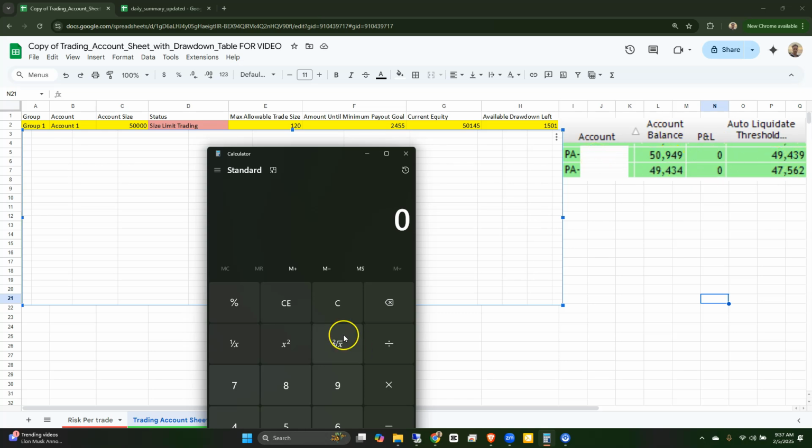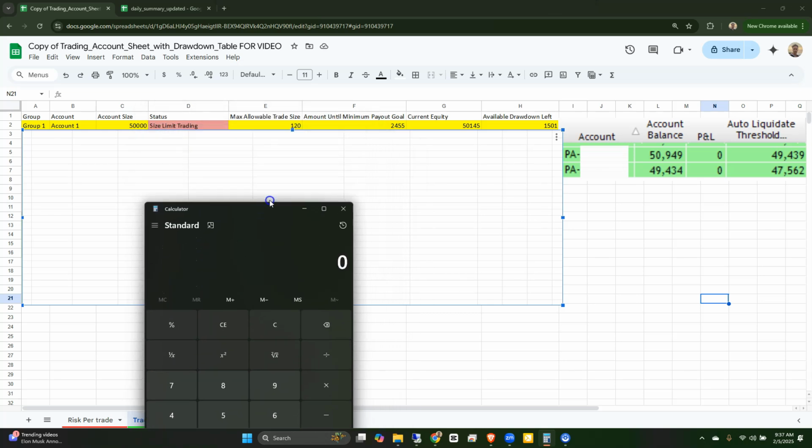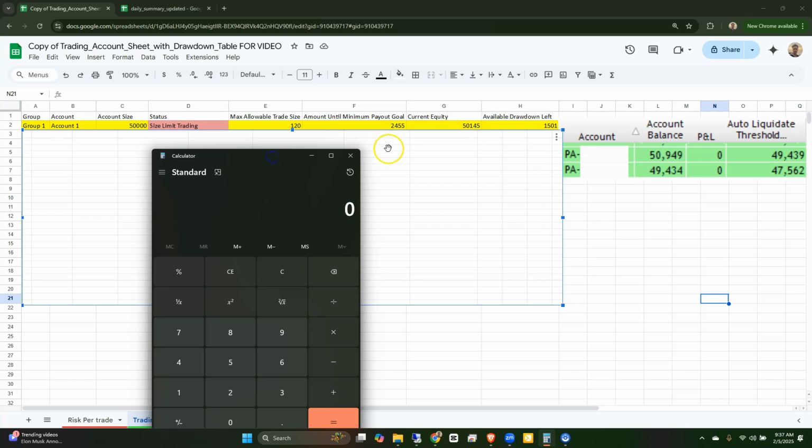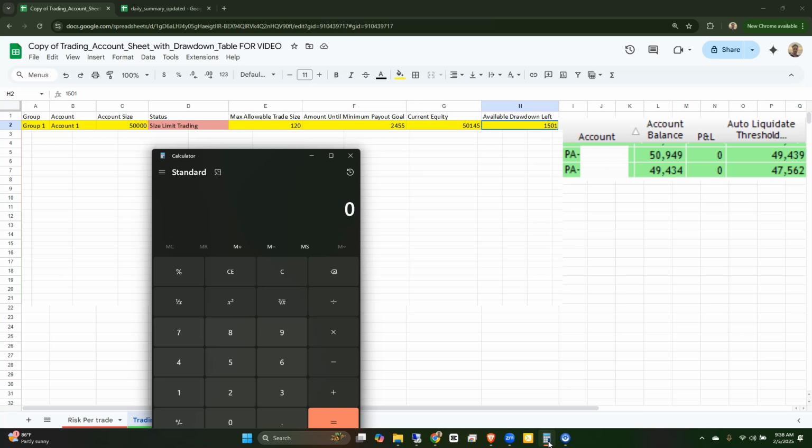What we're trying to do here is input our current equity and the amount of drawdown we have left, and that automatically calculates how much money we have to go until we can take our minimum payout, which is a $2,600 profit target.